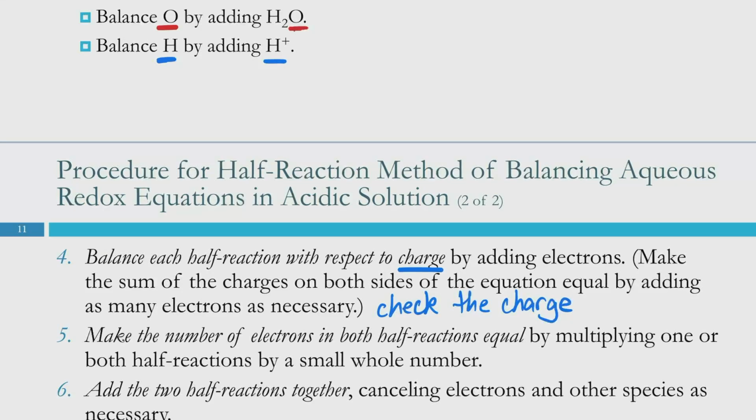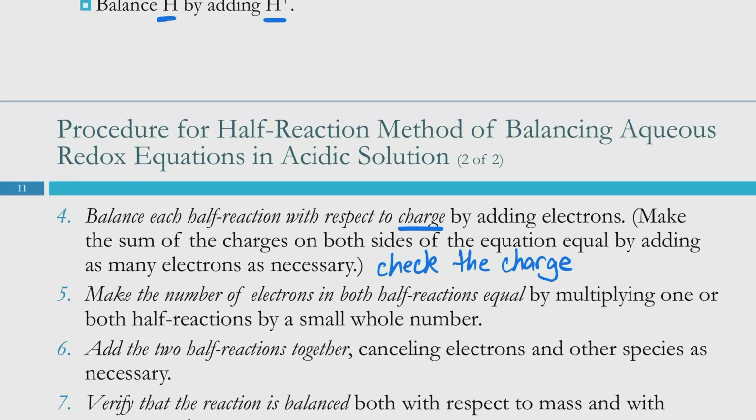So check what's our total charge on our reactant side, what's our total charge on our product side, and then we can move one of them down to match the other one. We can't increase charge because we're adding negative charge, so it's going to decrease the charge. So higher charge side gets the electrons. And we're going to do that for both of our half reactions.